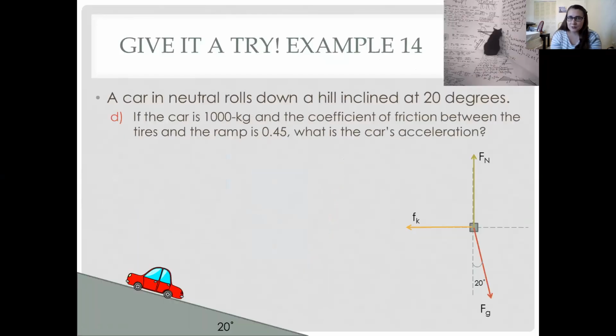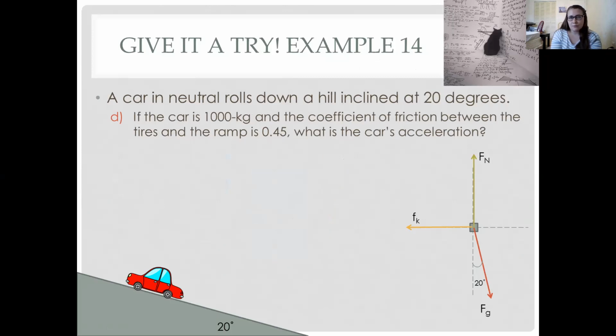So now let's do some calculations with this. If the car is 1,000 kilograms and the coefficient of friction between the tires and the ramp is 0.45, what is the car's acceleration? So again, we already know it's going to have a 0 y acceleration, but it will have an x acceleration. It will roll down the ramp. I don't know if you guys live in hilly areas.